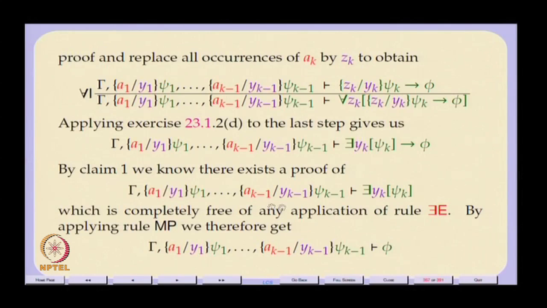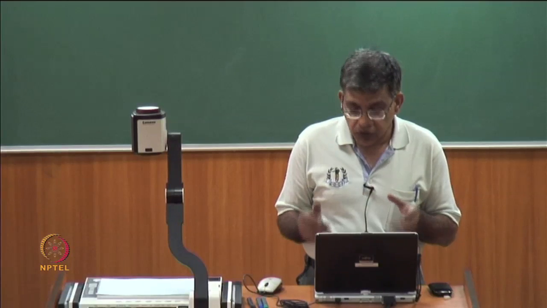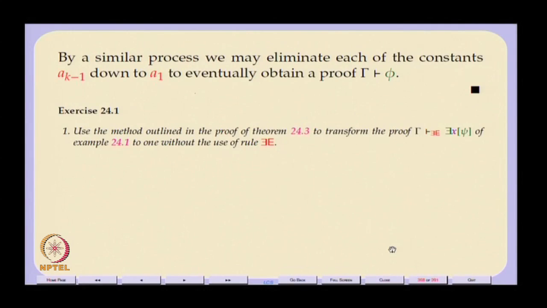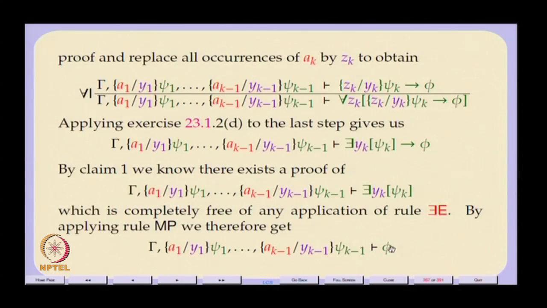We know that there is a proof of this which is completely free of any application of this rule, and you also obtained, through the last step and the deduction theorem, this, and therefore you can now apply the rule MP, and you can get this result. And now with this new proof tree, you can start eliminating A k minus 1, and you will get a new proof tree, and so on and so forth till you have eliminated all of them.